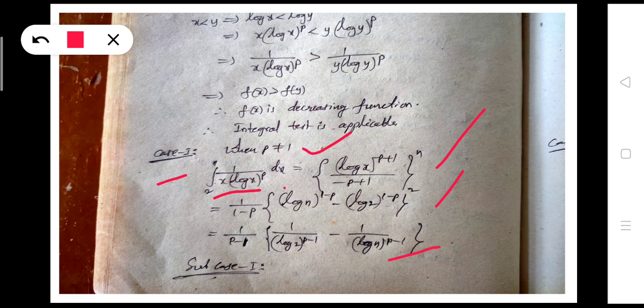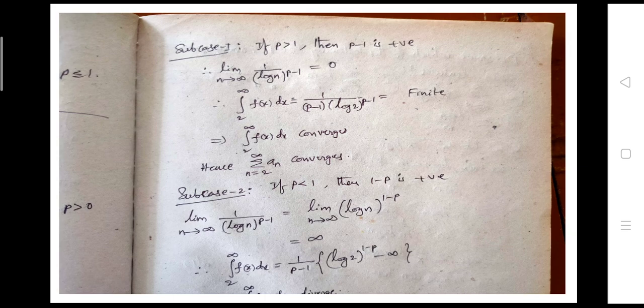Continue to the next slide. Subcase 1. If p is greater than 1, then p minus 1 is positive. Therefore the limit as n tends to infinity of 1 by log n whole power p minus 1 is equal to 0 only.